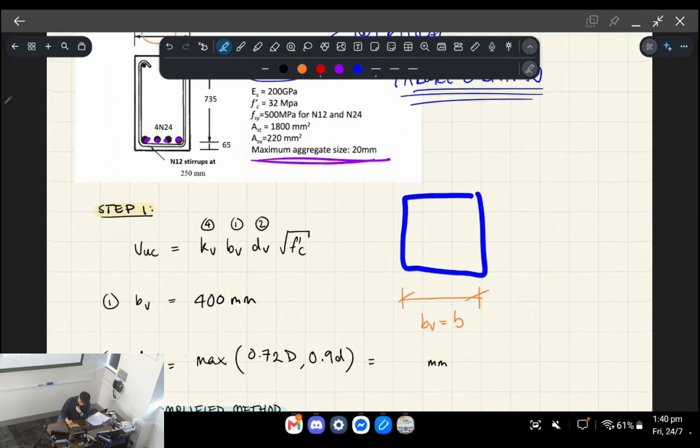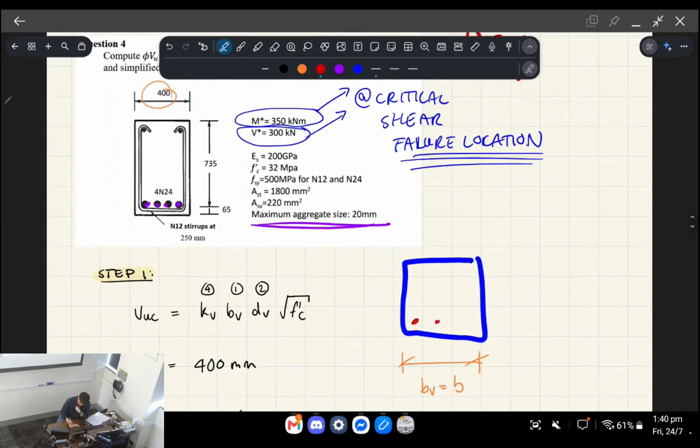So just to recap, here's our steel, not drawn to scale. The effective depth, lowercase d, is 735. The overall depth, capital D, is 735 added on to 65, so it's going to be 800.